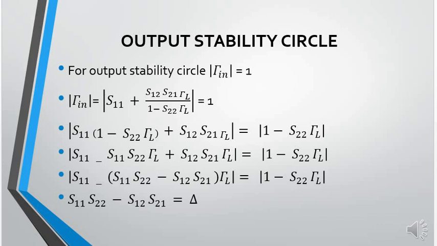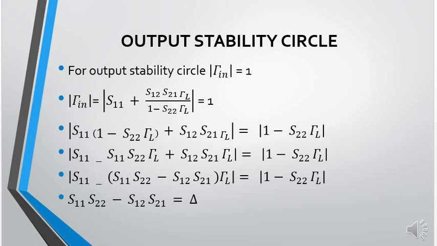So we are getting S11 into 1 minus S22 gamma L plus S12 S21 gamma L equal to 1 minus S22 gamma L. So multiply the first term inside. So S11 minus S11 S22 gamma L plus S12 S21 gamma L is equal to 1 minus S22 gamma L.